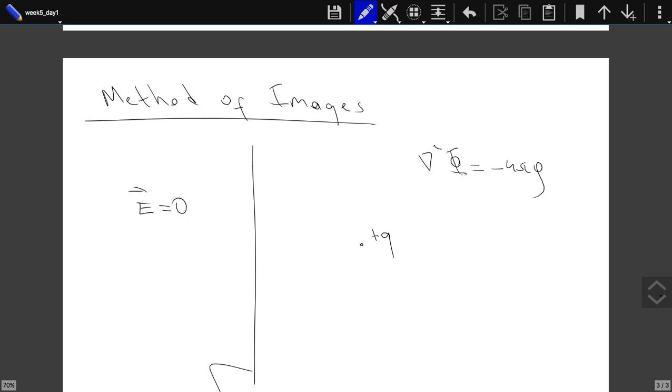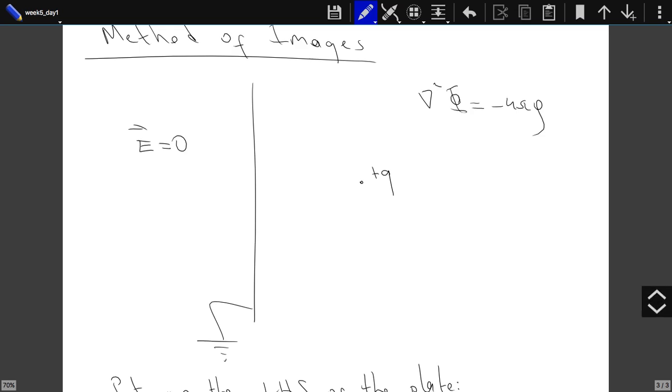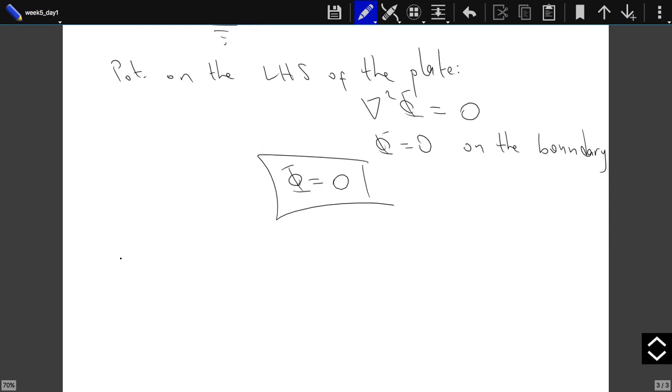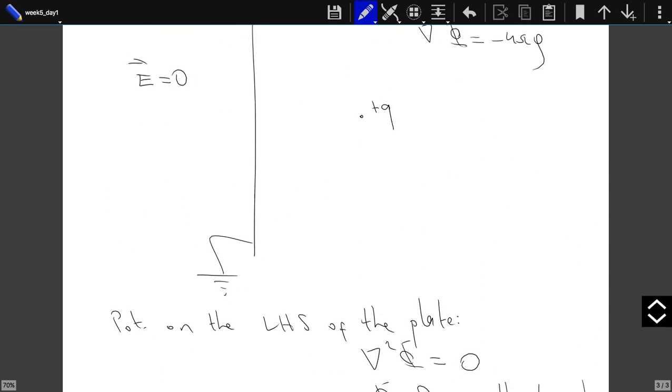Now let's look at the right-hand side. What is the potential and the electric field on the right-hand side? Now, we know the boundary condition. There are two things that we have to pay attention to. It should satisfy this equation, the potential on the right-hand side. Well, there is one charge on the right-hand side. There's a point charge. Let's say its position is R0.